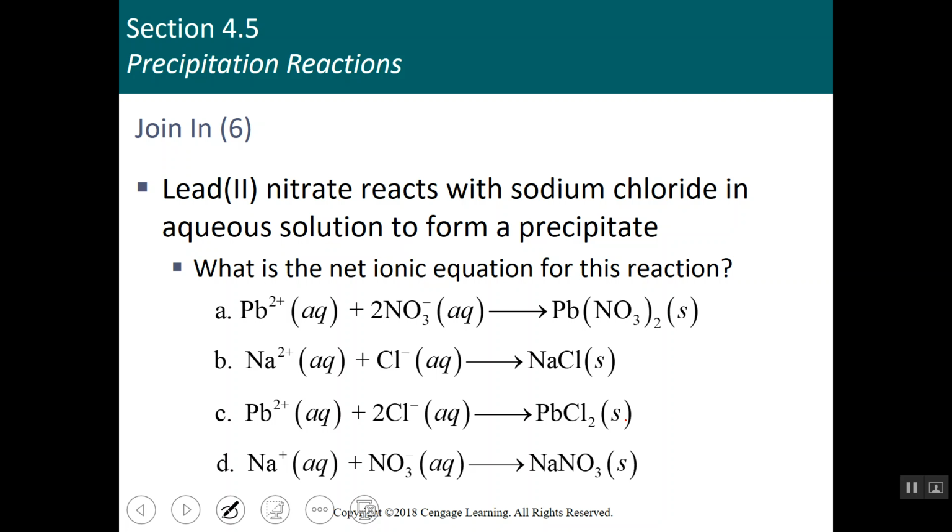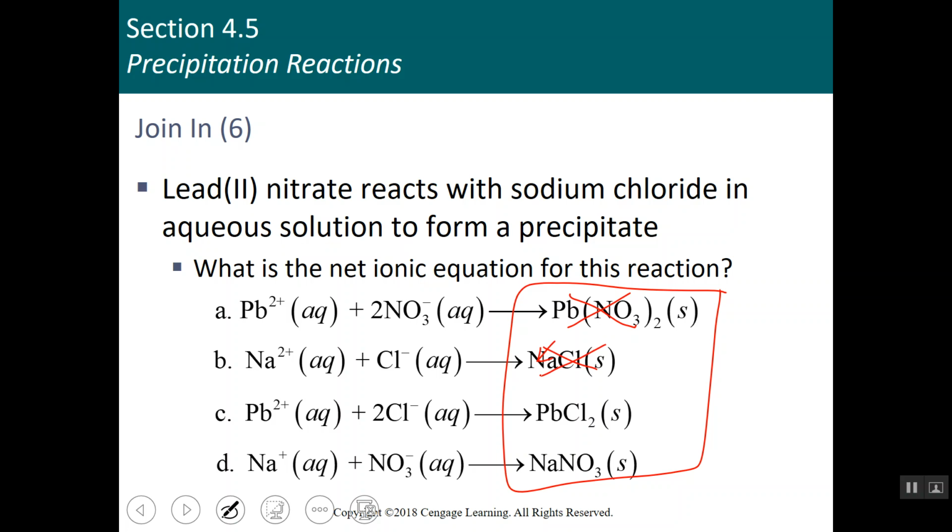Basically, what we're going to do is look down these answer choices, and first let's look over here at the solids. All nitrate salts are soluble, so that one would not form a solid. Chloride salts are soluble except for silver, mercury, and lead, so this is sodium, and that one would not form a solid.